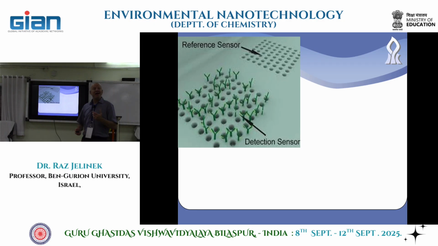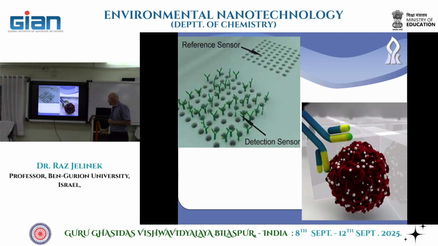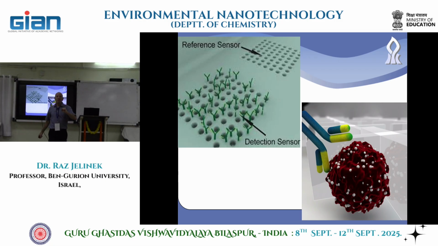We can have nanobiosensors also in other configurations. For example, we can have an array, a pattern of tiny biosensors, where each of these receptors can recognize a certain molecule.